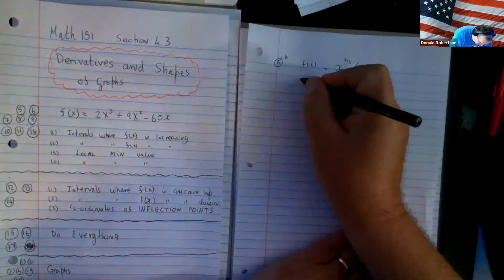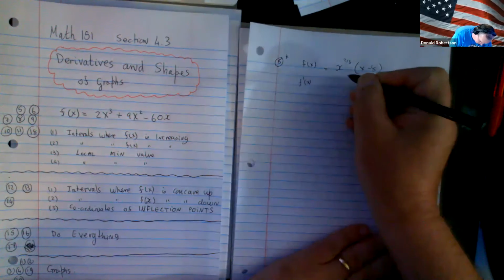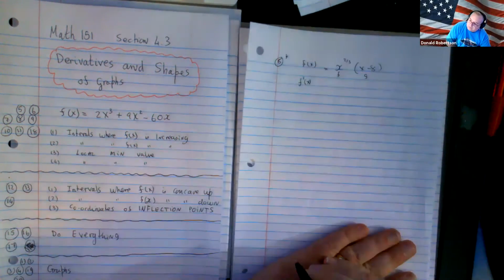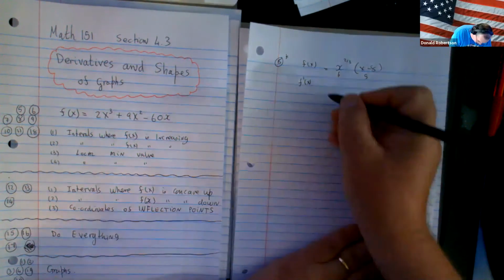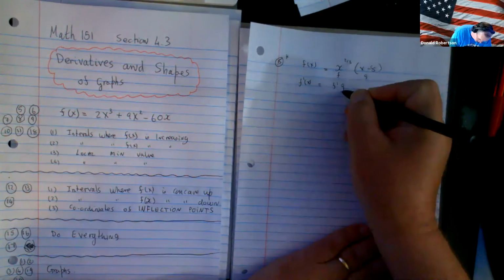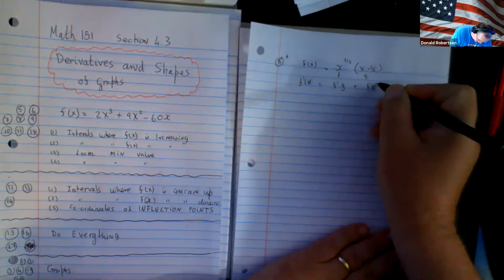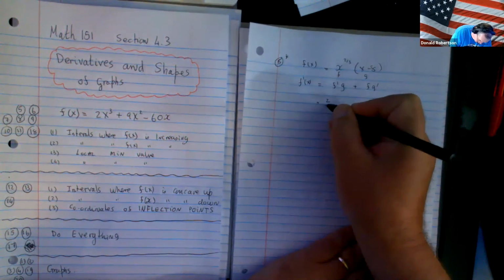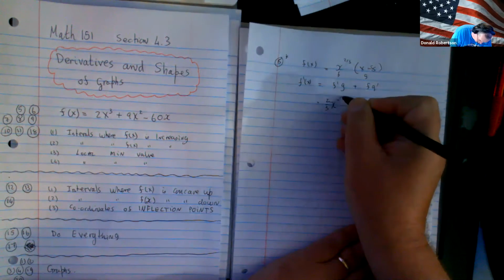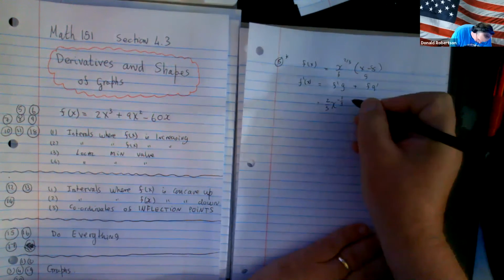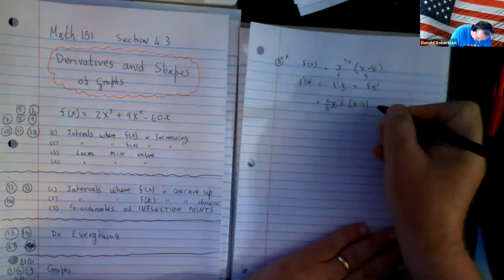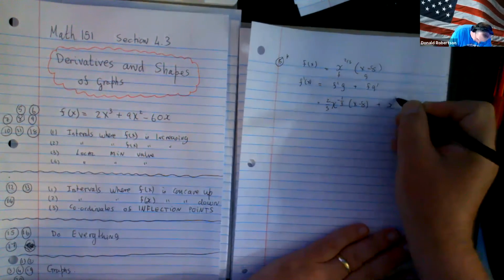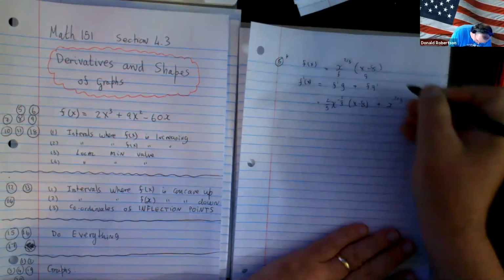Would we agree, I hope, that this is a product rule? So it's going to be f dash g plus f times g dash. If you differentiate this fella, you multiply by the power and you reduce it by 1. You leave the second guy alone. You leave the first guy alone and you differentiate the second guy.